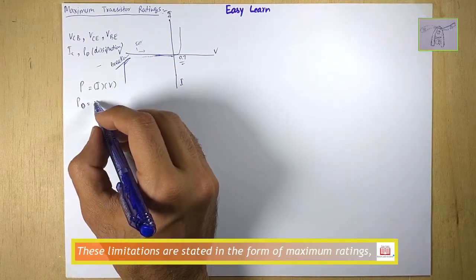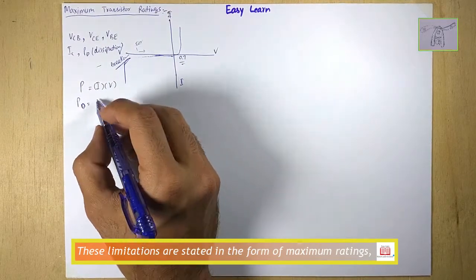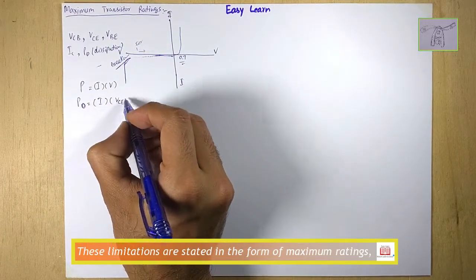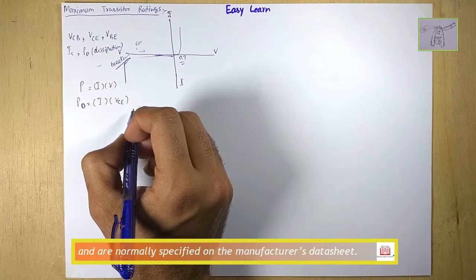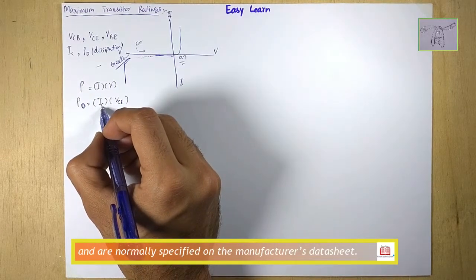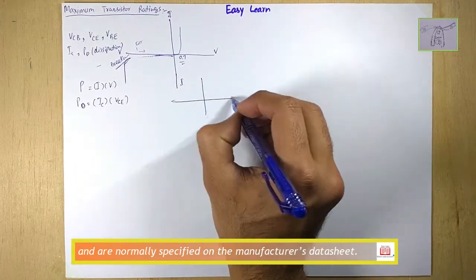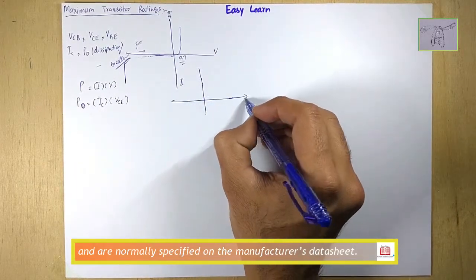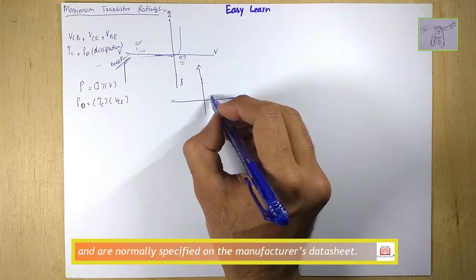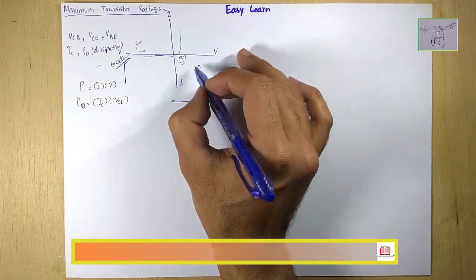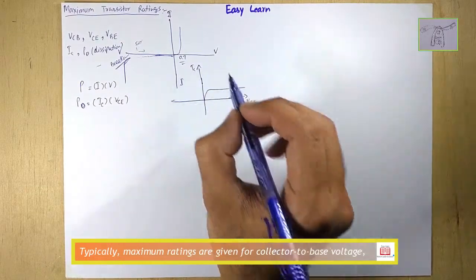Capital basically represents that it is a DC value. This is the current and this is the VCE, collector-emitter voltage, and this current is of course the collector current, because this is the output graph of the bipolar junction transistor, between IC and VCE.